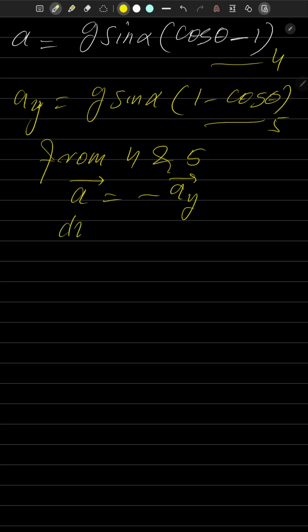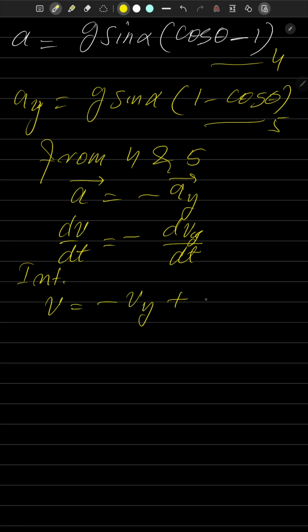It means the dv by dt of the net velocity and the dvy by dt of the velocity along y have this relation. Let us integrate both sides. If you integrate, you will get v minus vy equals some integration constant, say a.